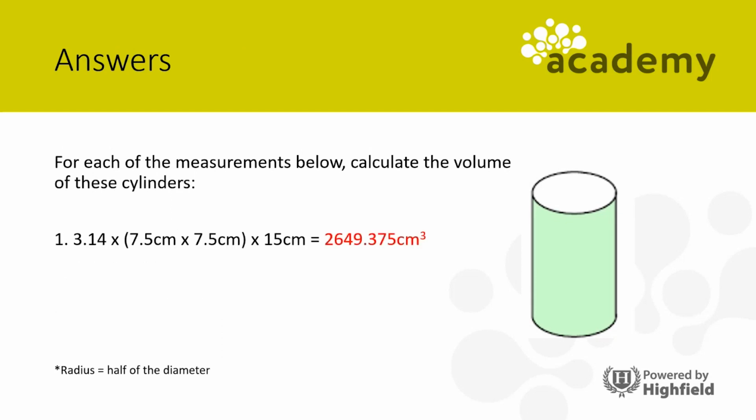So number 1 is 3.14 times 7.5 times 7.5 times 15, which is 2,649.375 centimeters cubed. In the next example, it's 3.14 times 18 times 18 times 35, which is 35,607.6 centimeters cubed.